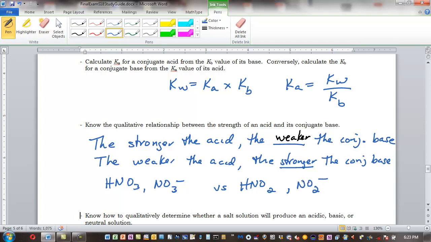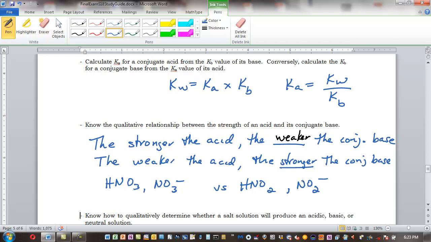Okay, so a couple of things there. We have HNO3 with its conjugate base NO3 minus, and HNO2 with its conjugate base NO2 minus. Which of those bases is stronger? So NO3 minus or NO2 minus? Which would be the stronger base?